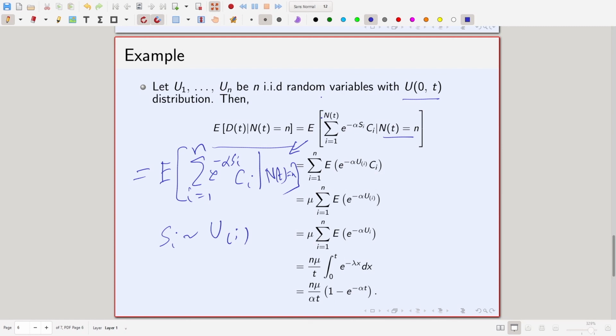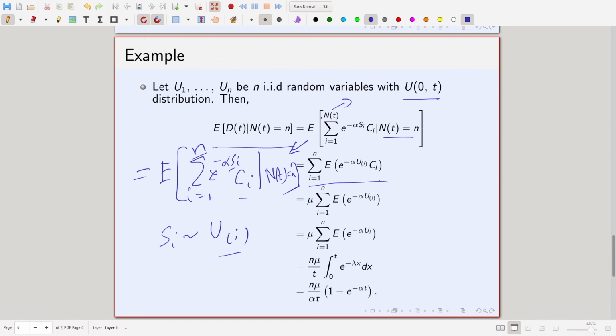Also, the Ci are independent of the arrival times. So this Si I can replace by Ui. Earlier I couldn't push the expectation inside the sum because Nt was also a random variable, but now Nt is equal to n, so I have replaced Nt by n.